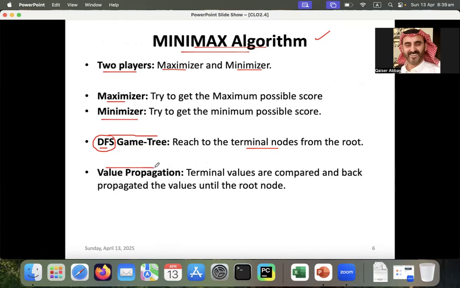That's why it is written here as value propagation. We will calculate terminal values, compare, and then back propagate the values until the root node, okay?